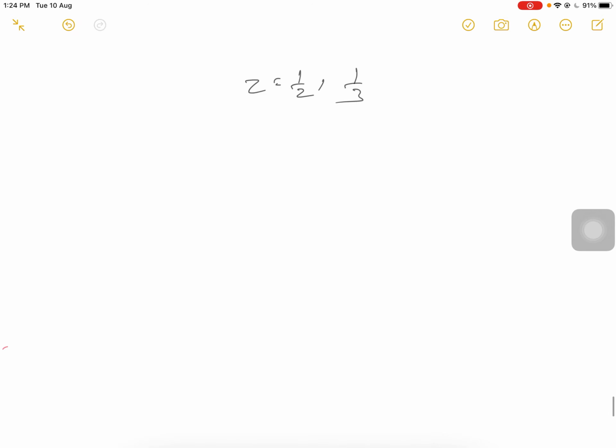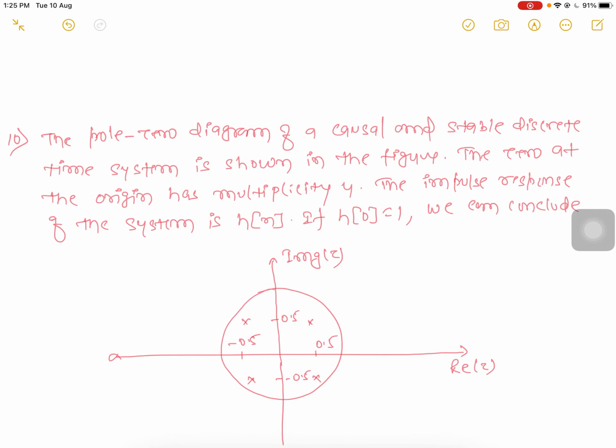So the option will be 1/2, 1/3. Option C will be the right answer.